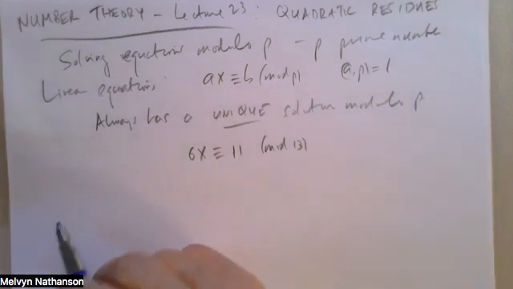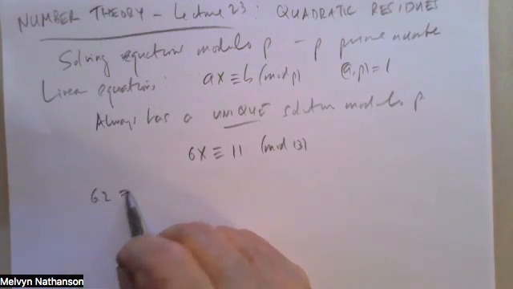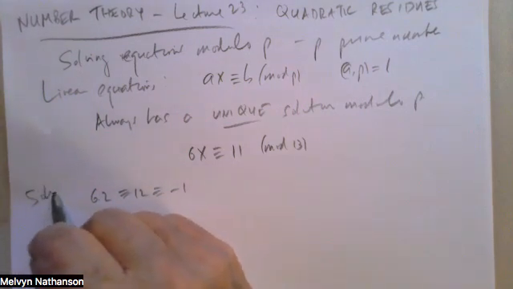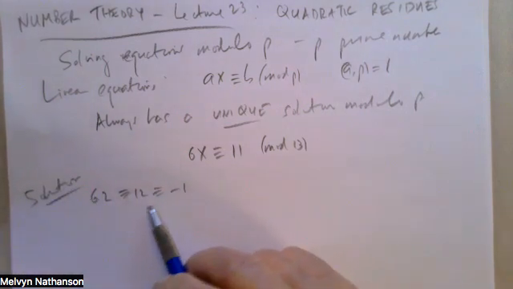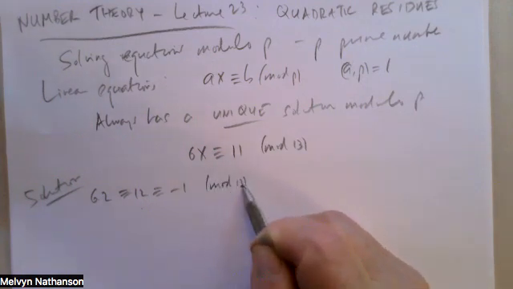Here's a sneaky way to find a solution. 6 times 2 is 12, which is minus 1 mod 13.